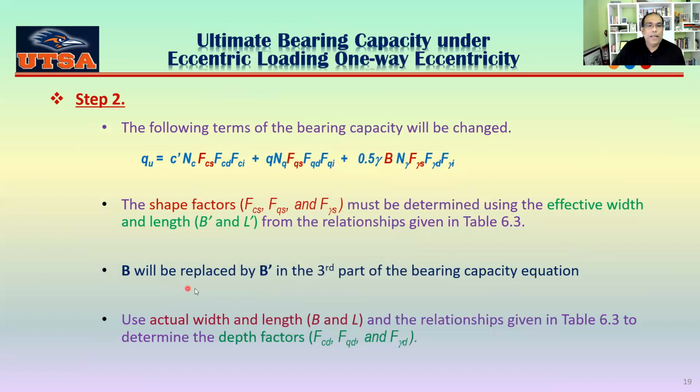However, the depth factors will be evaluated based on the actual B and L, and the inclination factor doesn't need any B or L. So only the shape factors will be affected. At the same time, in the third part, B will be replaced by B prime.